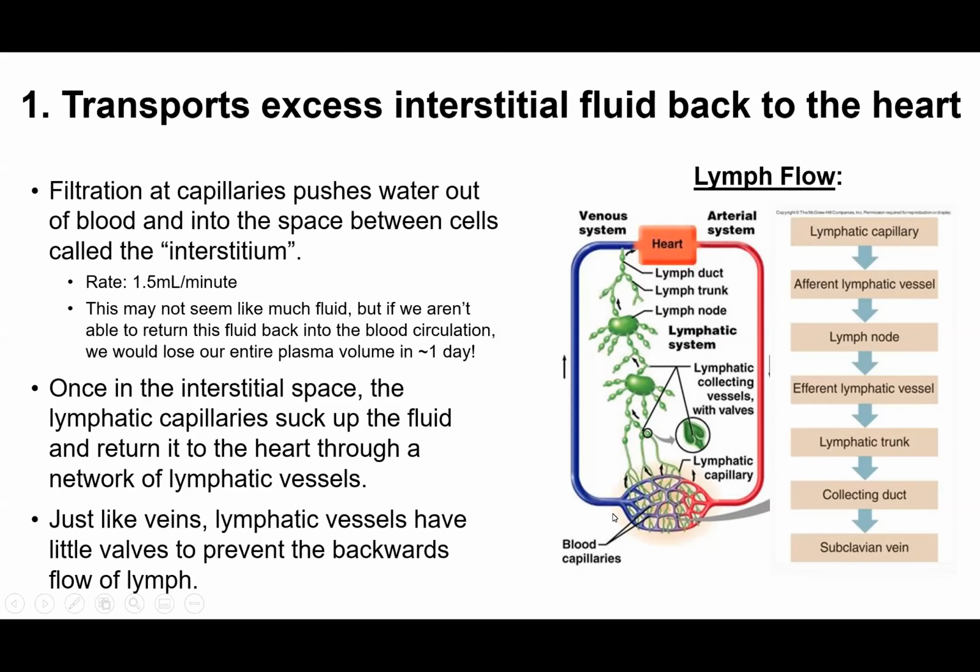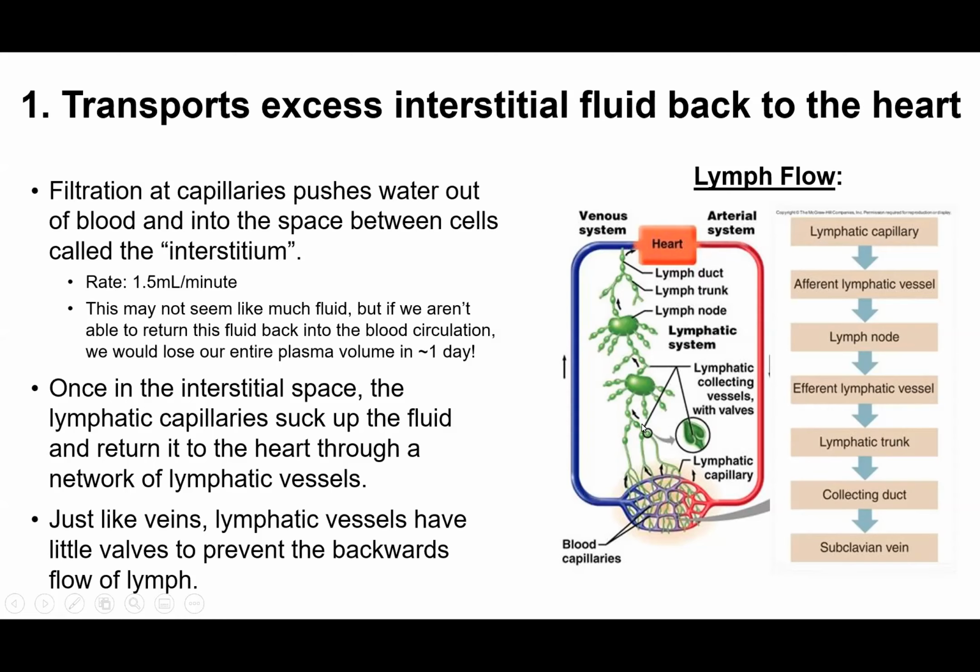Once that fluid, that plasma essentially, is in this interstitial space, thankfully we have these lymphatic capillaries, which basically suck up that fluid and return it back to the heart through this network of different lymphatic vessels. Just like veins, these lymphatic vessels also have little valves inside of them, and that prevents lymph from flowing backwards into this interstitial space.